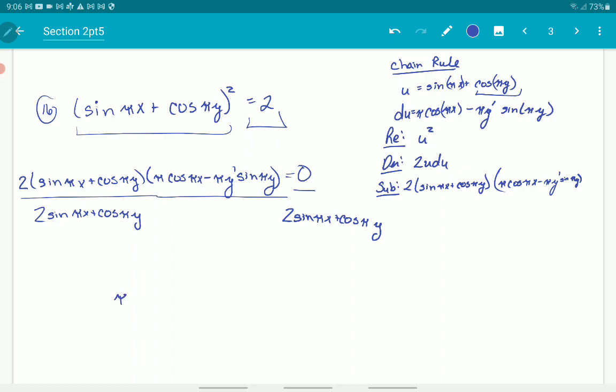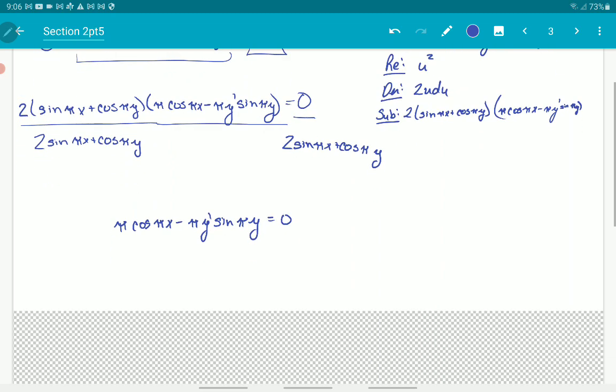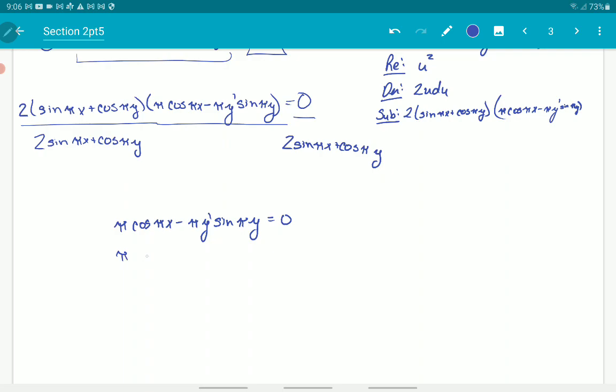So we're going to have pi cosine pi x minus pi y prime sine of pi y is equal to 0. I'm going to move the sine term to the other side.